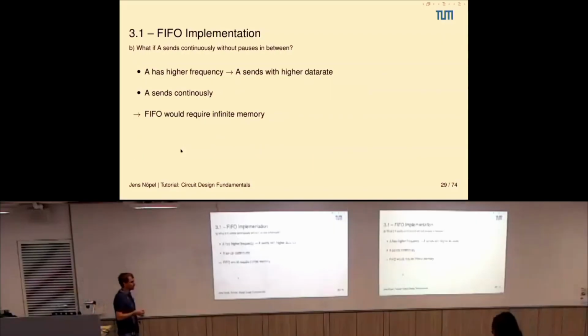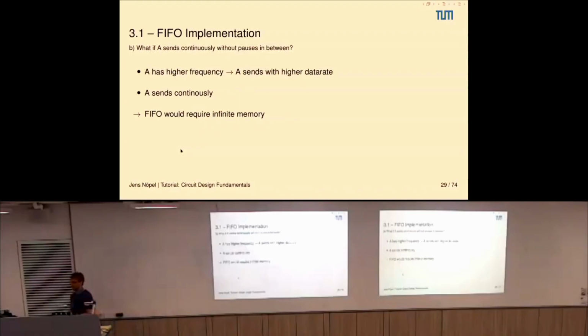Then we also already looked into what happens if module A does not work in a burst-sized manner. So what happens if module A continuously sends data out? Would it still be possible with a FIFO to make sure we don't have any data loss? In theory, yes, but it would only be possible if we had infinite memory, which obviously is not the case.